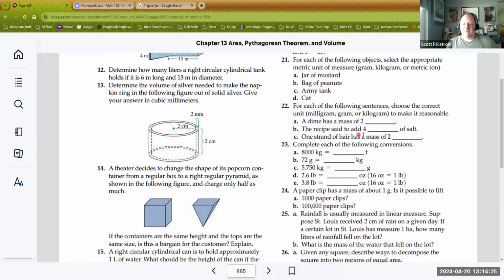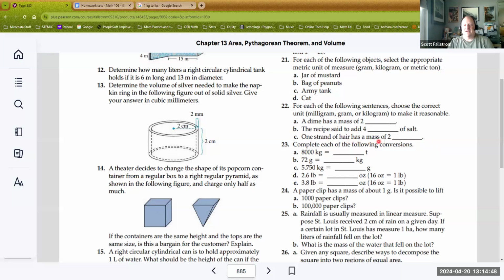Let's see here. A recipe said to add 4 how much of salt? Okay. Is it going to be a gram of salt? Is it going to be a milligram of salt or a kilogram of salt? A kilogram of salt. Yeah, recipe says add 8 or 9 pounds of salt. I don't think so.